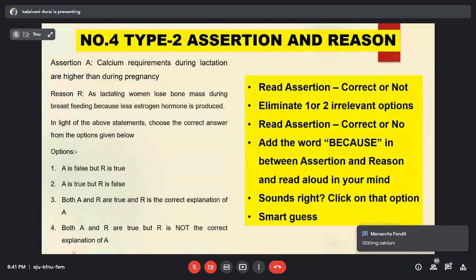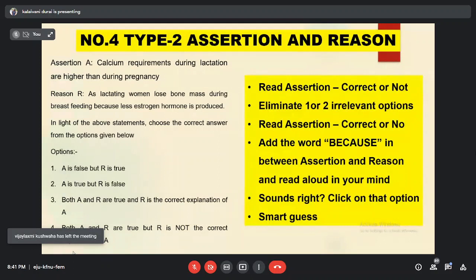Okay, ma'am. So what I'm trying to ask is, let's not assume it's correct only. The assertion sentence is correct. Now what I'm asking you is, is the sentence that I'm saying right now making sense? Calcium requirements during lactation are higher than during pregnancy because lactating women lose bone mass. Let's leave the remaining sentence also.